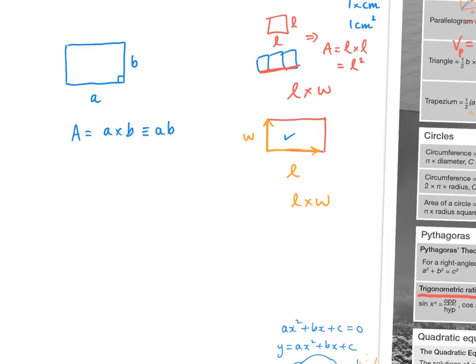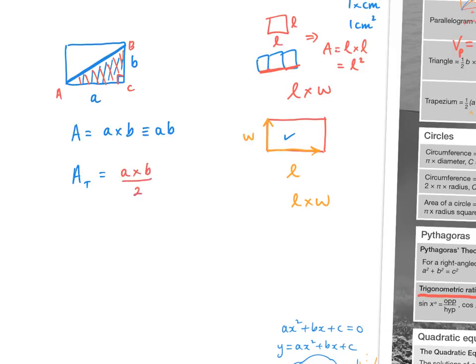But if I wanted to create a right angle triangle, then if I wanted the area of one of these, I would just have to halve it, wouldn't I? Because you can see here that I'm cutting the rectangle exactly in half. So if I wanted the area of the triangle, and if I label that A, B, C in this case, as long as it's a right angle, I'm just going to have A times B, which is the whole rectangle, but then halve it.